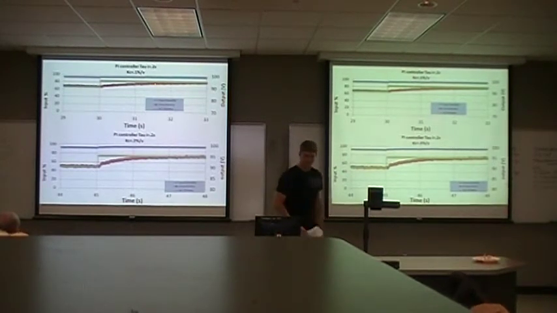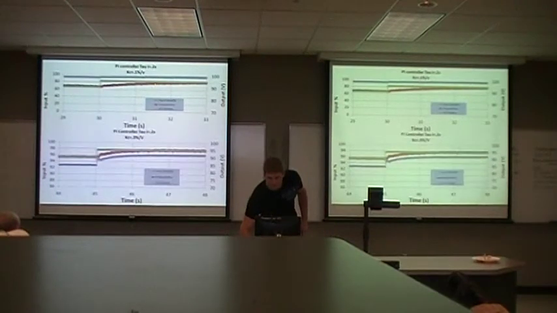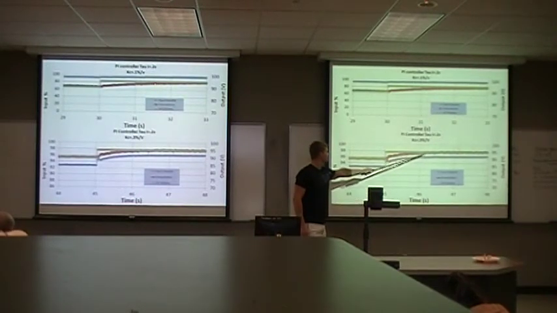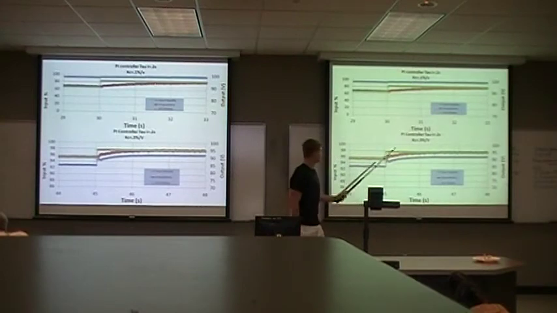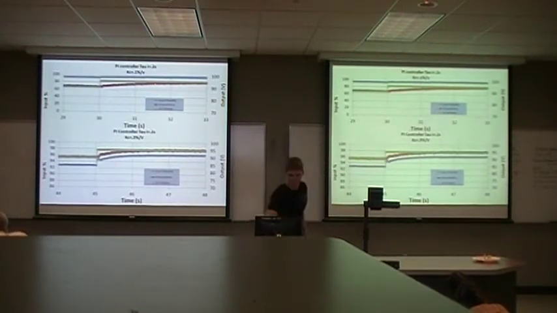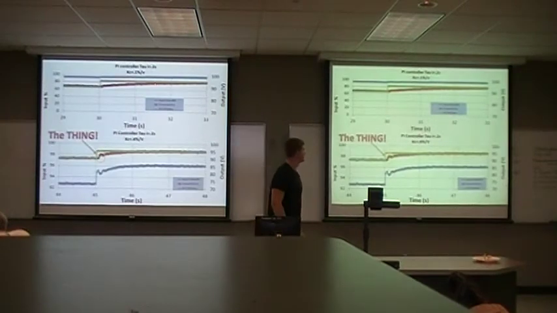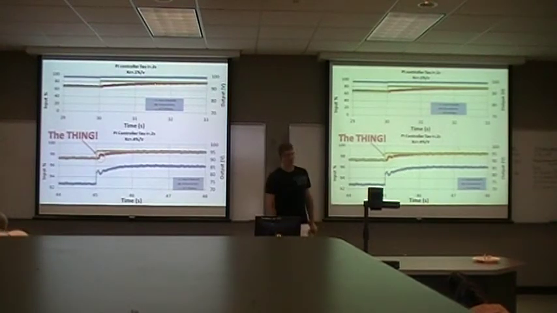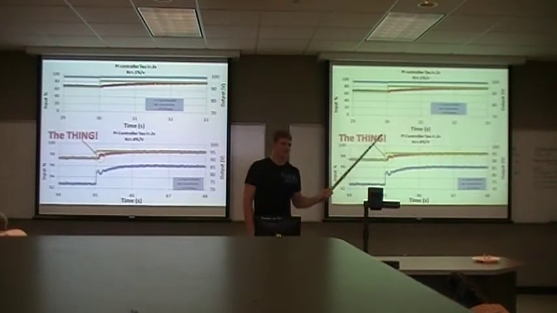Let's keep going. Changing the Kc a little bit more gets us to 1 second, maybe 1.5. But I want you guys to see this little bump. Watch this. Boom! It's bigger. That also changes the time it takes to reach the set point to 1 second. I like to call this the thing.